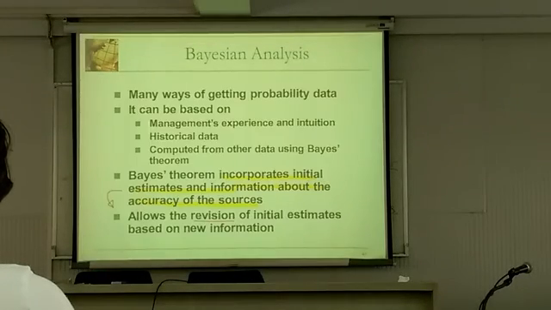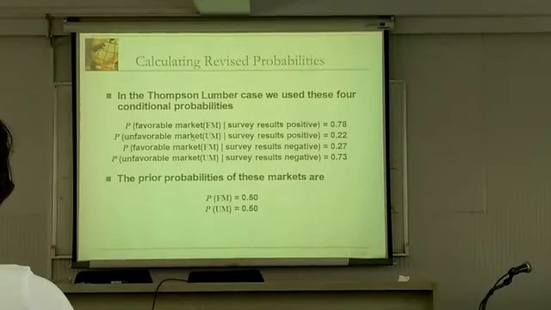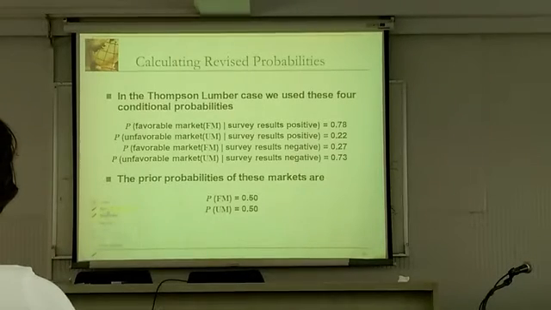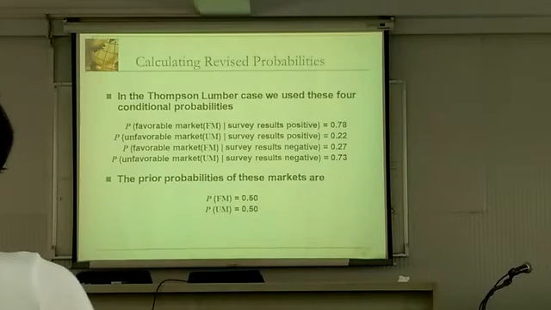Let's see this in action. The key thing is that you understand what probability we are trying to use. The number that you put in there is the probability that the market will be favorable given the result of the survey, not the other way around.